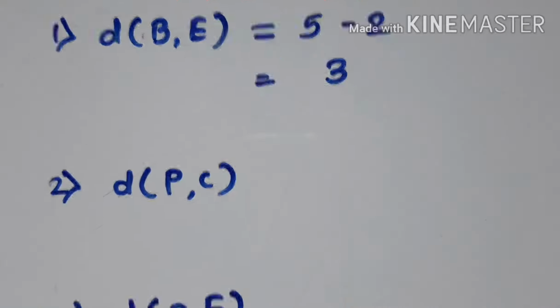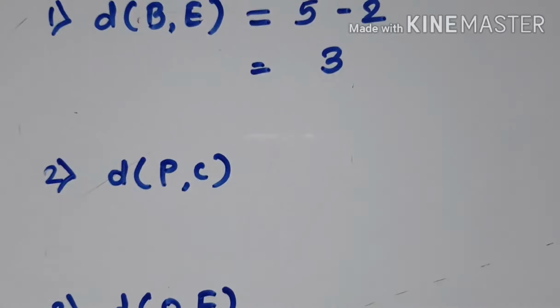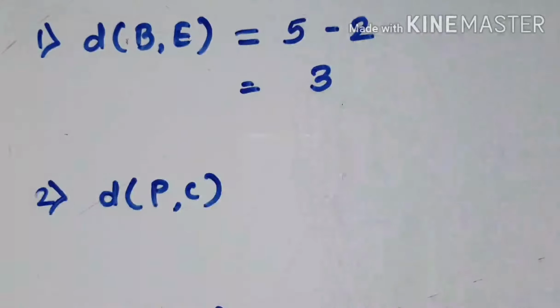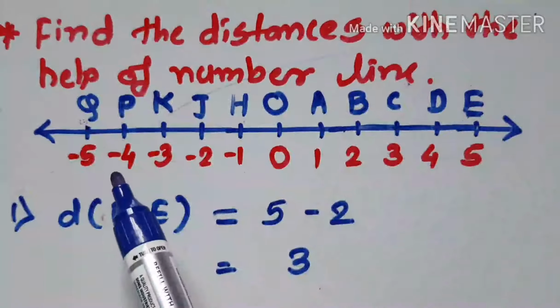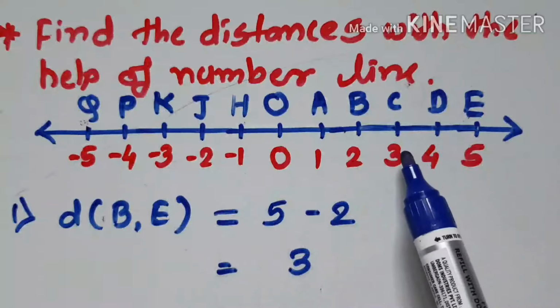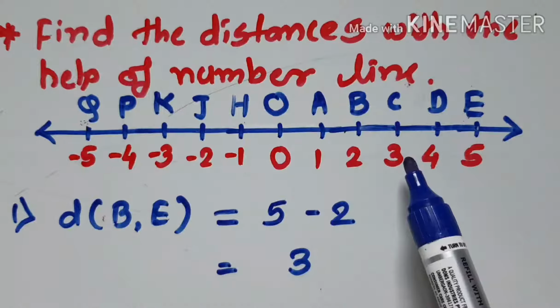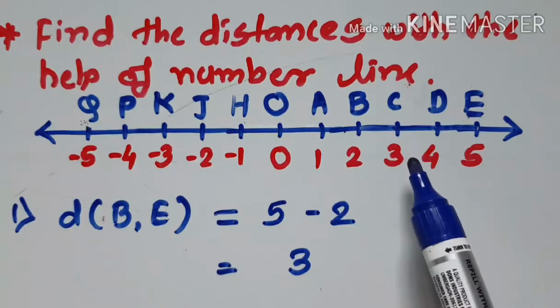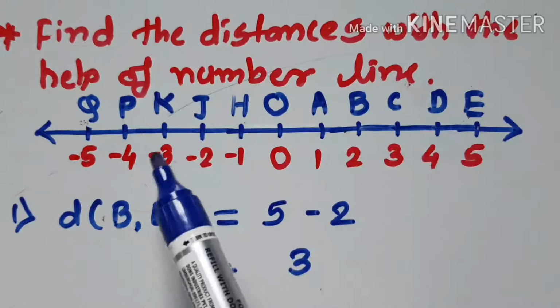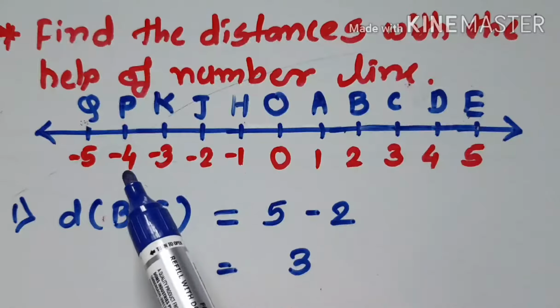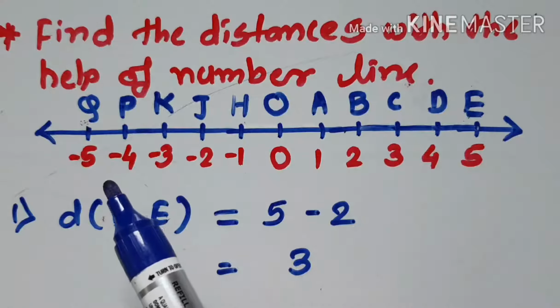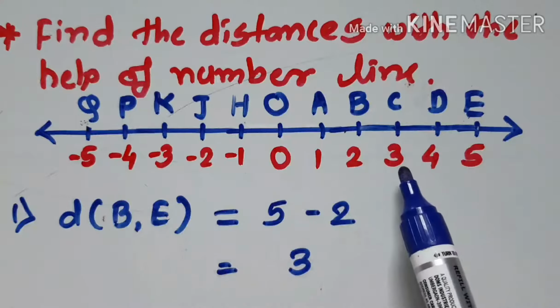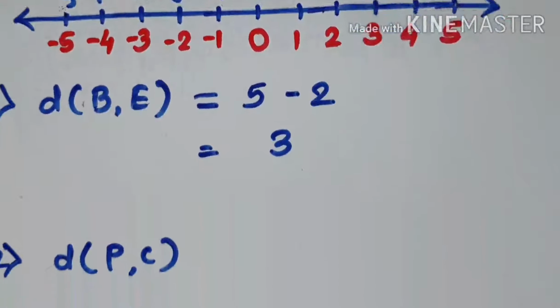We have to find the distance between points P and C. So again, as we can see here, the coordinate of P is -4 and that of C is 3. As 3 is a positive number, it is always greater than the negative number, that is -4. So we have to subtract -4 from 3, which is the larger coordinate.